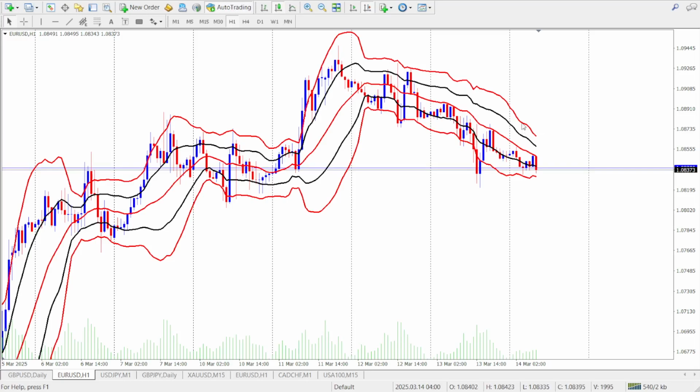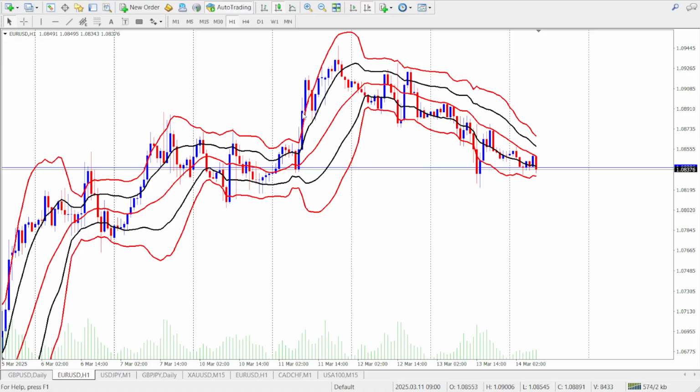Price stays above the upper 1 standard deviation band. For example, if you have price in this first zone, that is between the highest band and the second band.